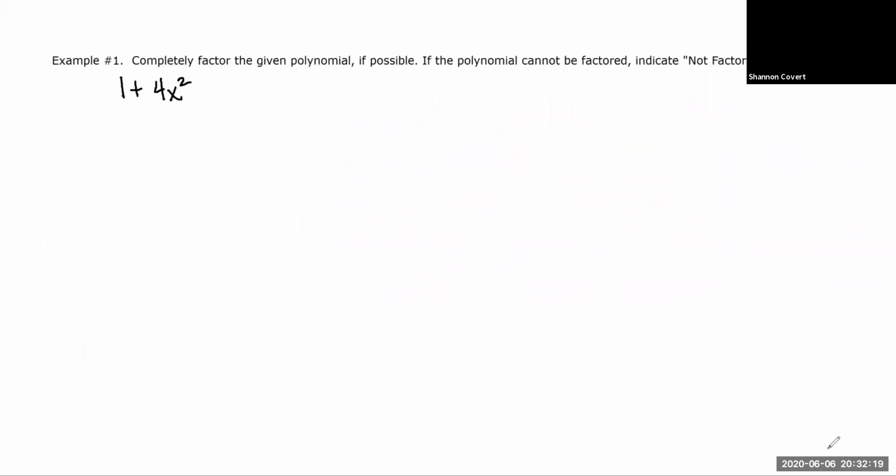So here we have example number 1. So the first thing you're asking yourself, how many terms? That's important, how many terms? So 2 terms, which means binomial.